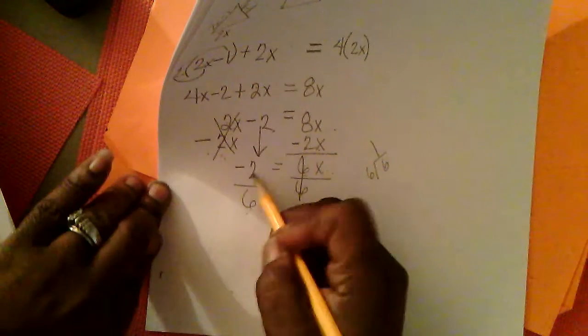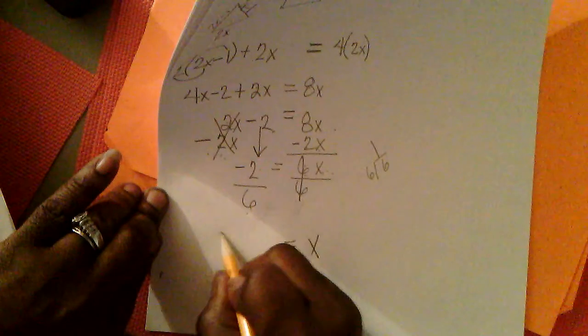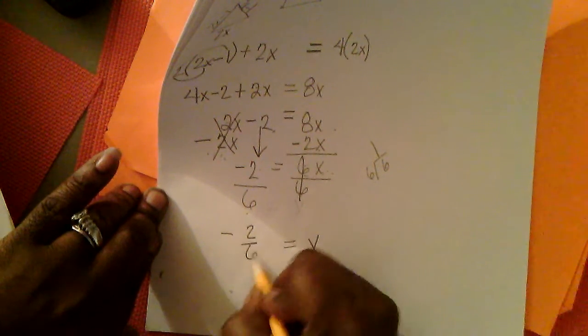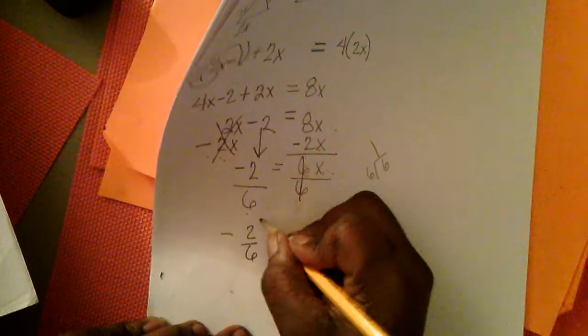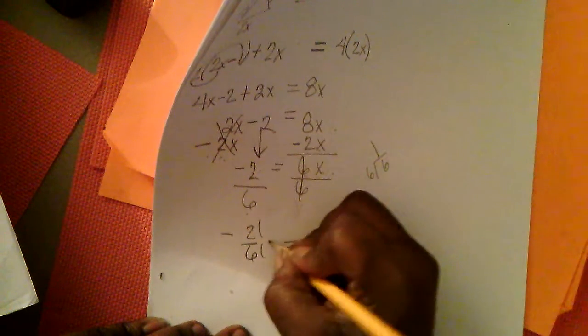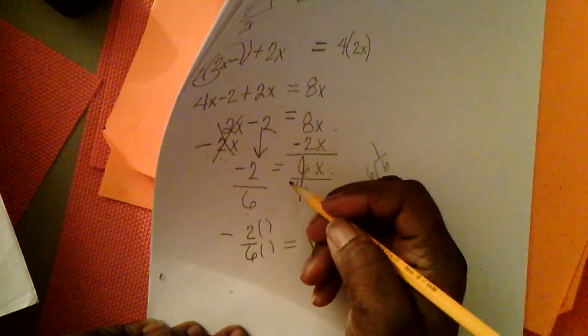And then we have negative 2 over 6. Well, we can divide those, but we can simplify those. So a term that they both have in common that we can simplify by is 2.